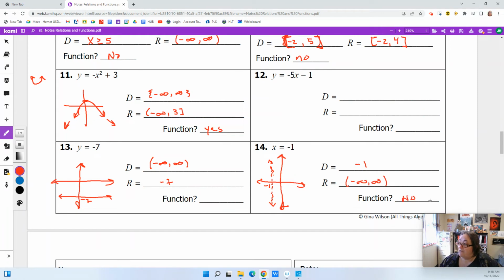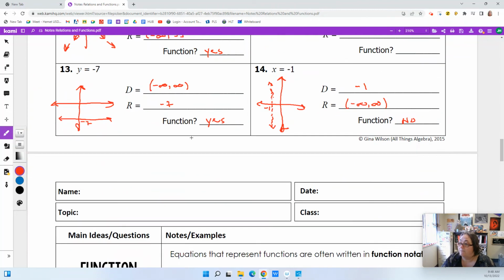This, no function. This, yes, function, right? Because I can't drop a vertical line into a vertical line. For number 14, but for number 13, it's just a line that goes all the way across, right? I could drop a vertical line into it anywhere, and I'm only going to cross it at one point.